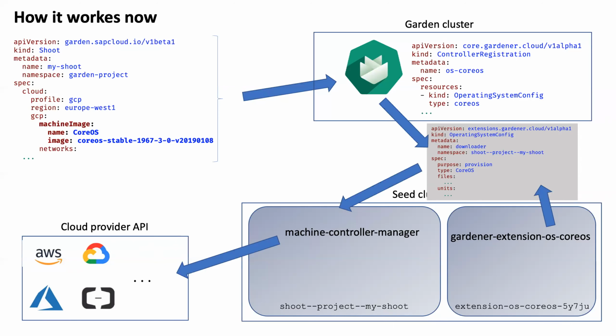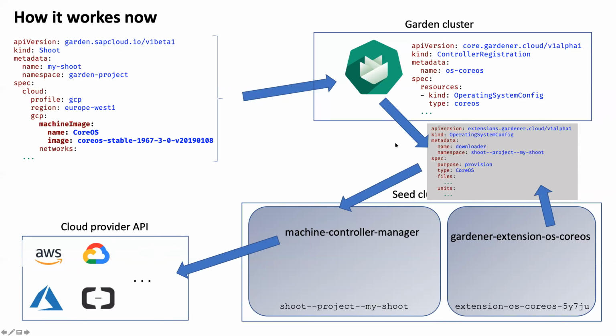But the interaction of this with the machine controller is the one I don't understand. My understanding is that the machine controller only creates the external resource, using the cloud provider, and the machine will pick up this cloud-init. But how is this happening here?